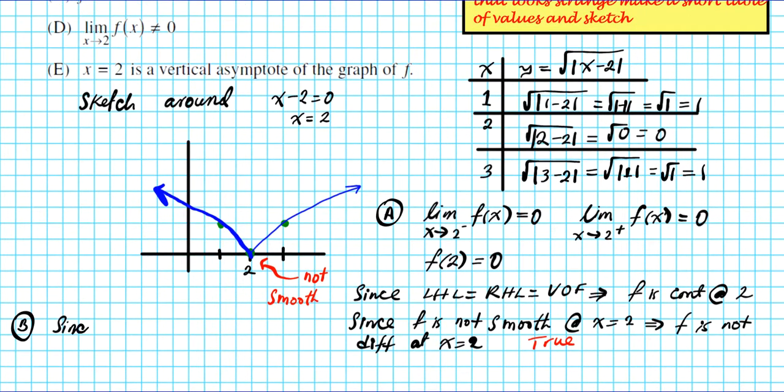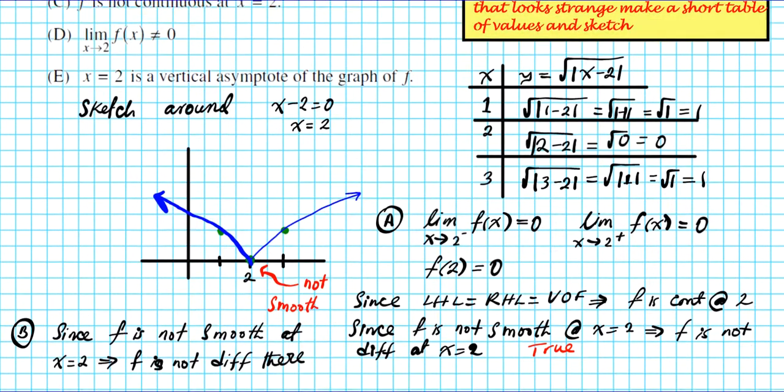Since f is not smooth at x equals 2, that automatically follows that f is not differentiable there. Okay, we have a cusp right here.